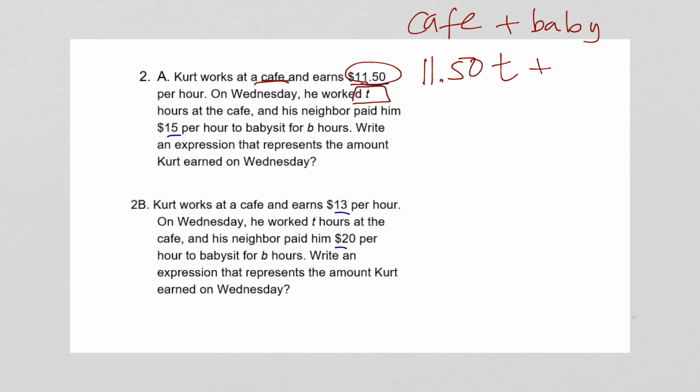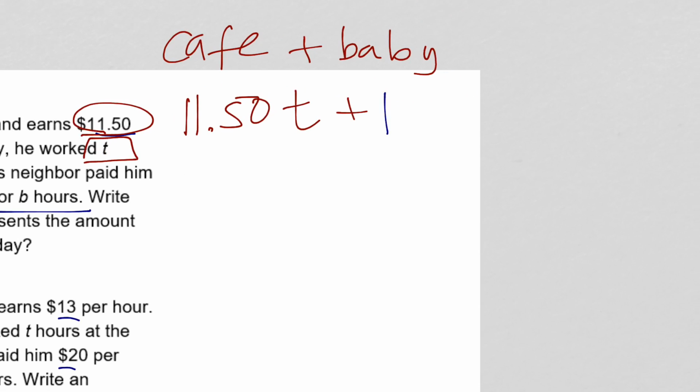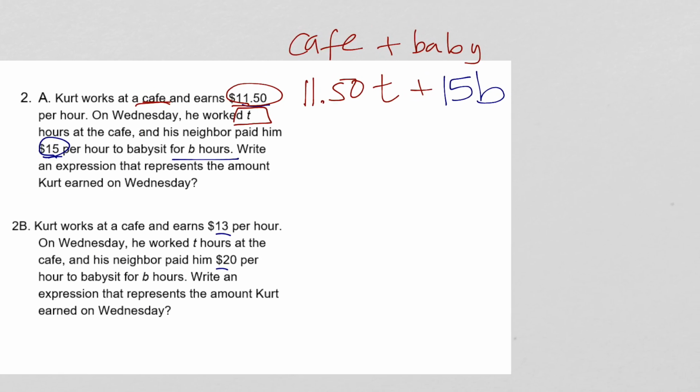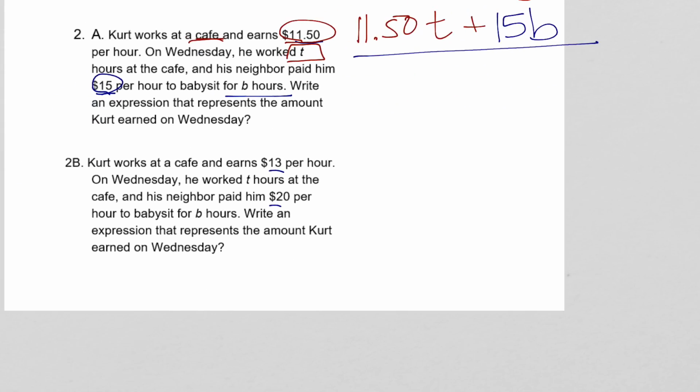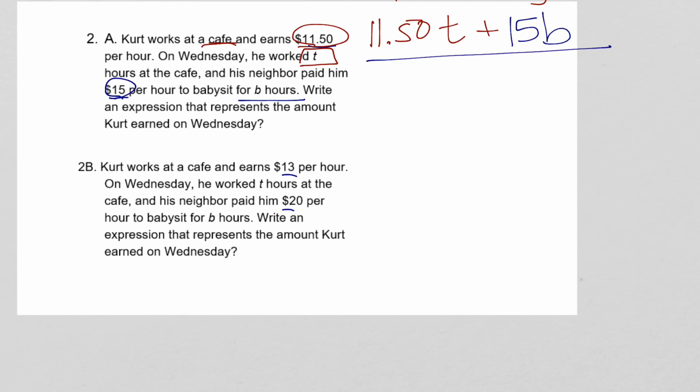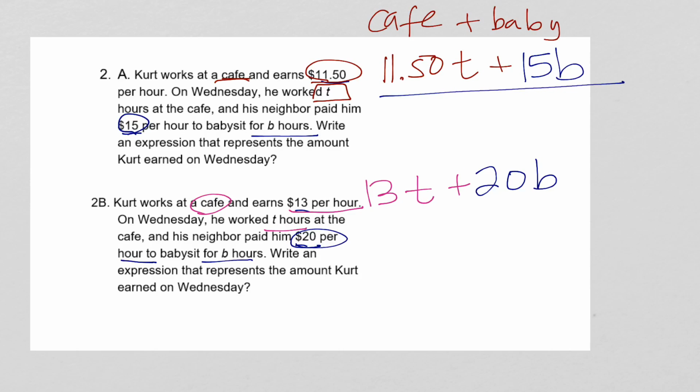Babysitting, he made $15 per hour for B hours, so $15B, so there it is. And in question 2B, it would be pretty much the same thing: $13 per hour at the cafe. He worked T hours, so 13T, plus babysitting, $20 per hour for B hours, so 20B. Read the problem so you understand what it's asking.